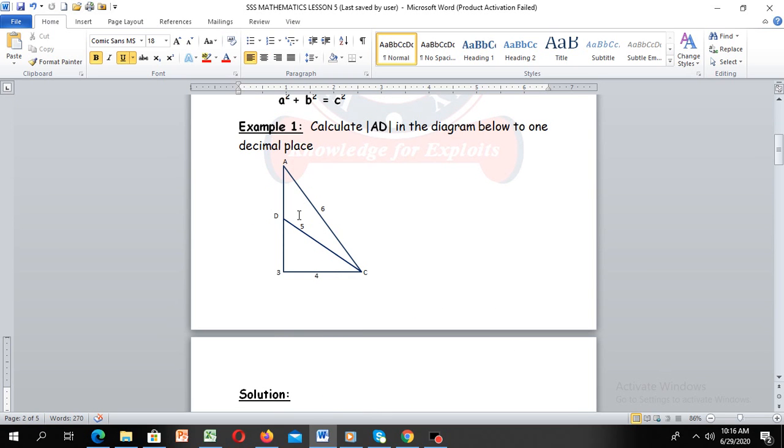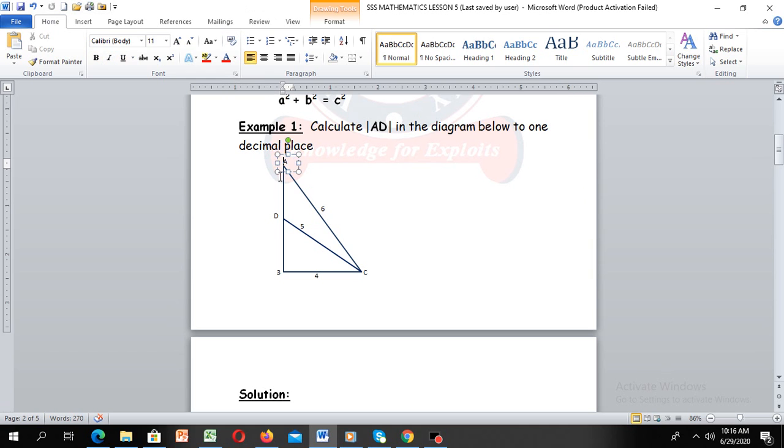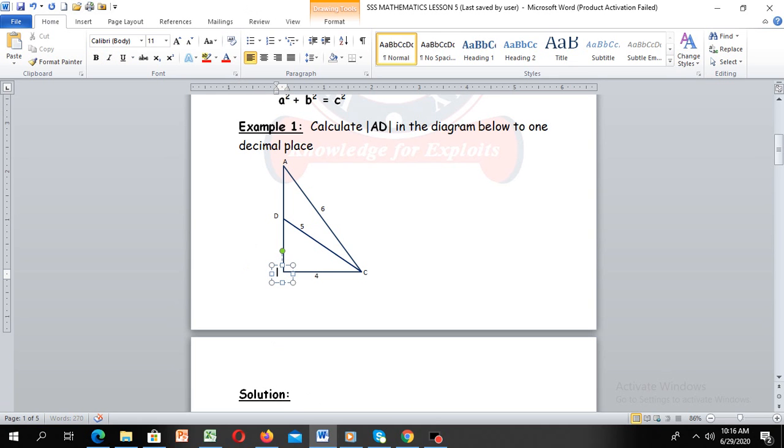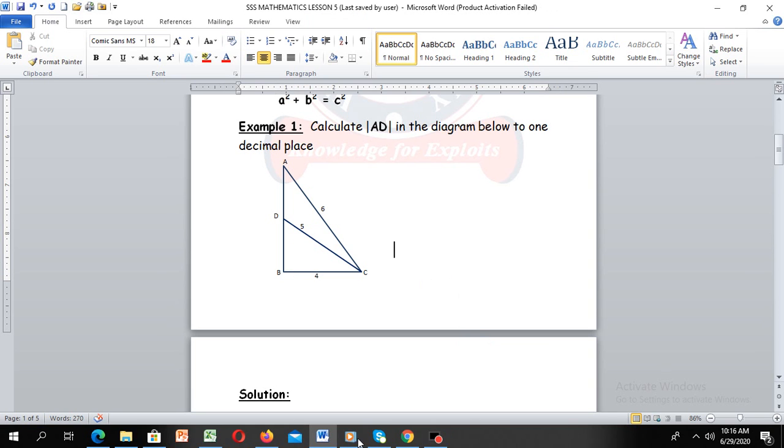Alright, now in this diagram here, we have three triangles actually. We have to calculate the line segment AD in this diagram. But if you look clearly, you can see that we have two right angle triangles there: triangle ABC and triangle DBC.